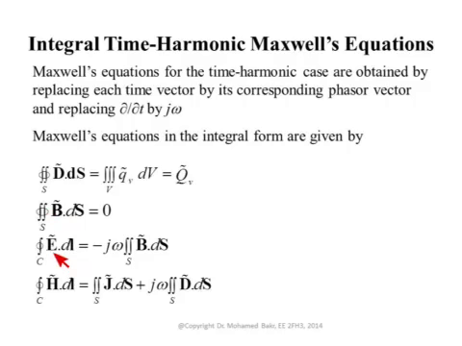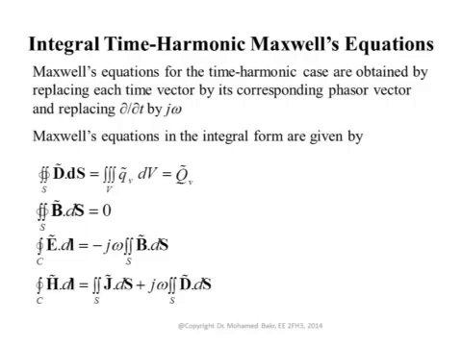If you integrate the phasor of E over a closed contour, this will give you the rate of change of the magnetic flux, which is minus j omega multiplied by the integral over the surface enclosed by C of B dot ds. This is exactly what we said before. It is minus partial t of B dot ds, but we replace partial t by j omega because we assume we're talking about one specific frequency.